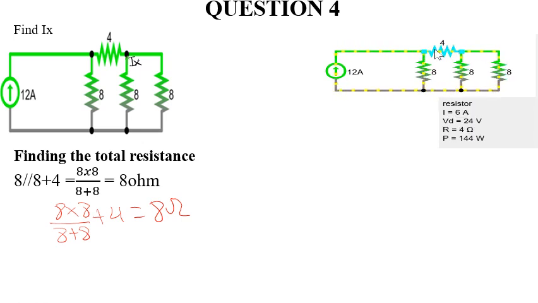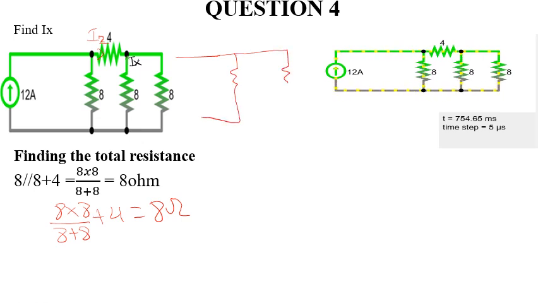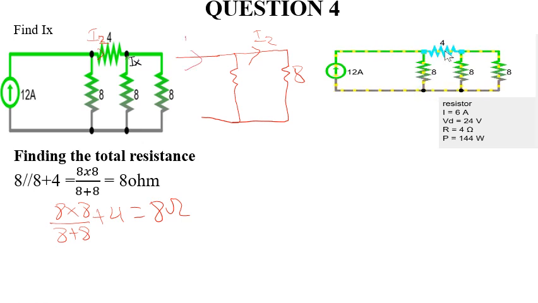So let's name the current coming through this one as I2. After redrawing our circuit here, we have our 8 here, then we named here I2, then we have our 12 amps coming here, and we also have 8 here.